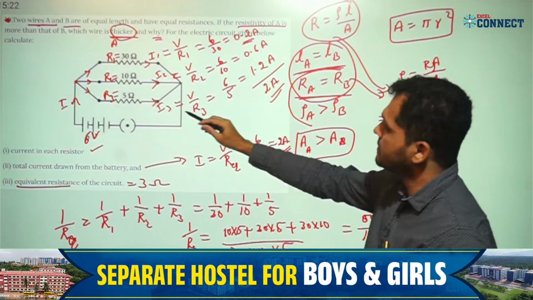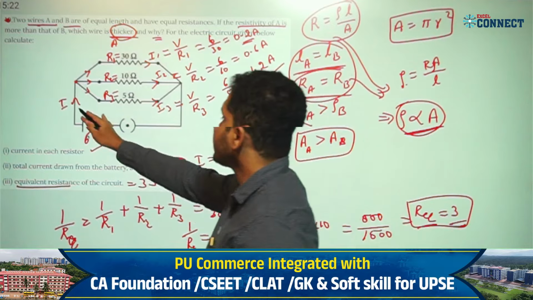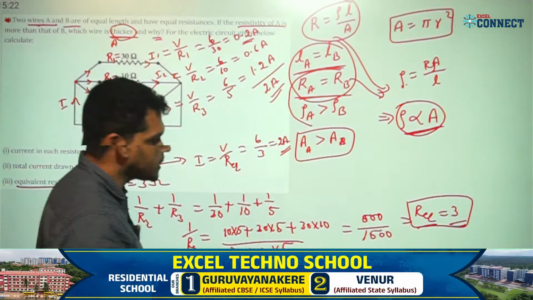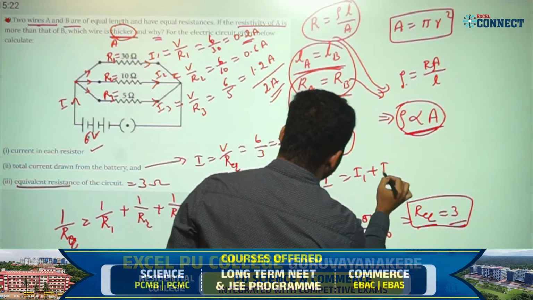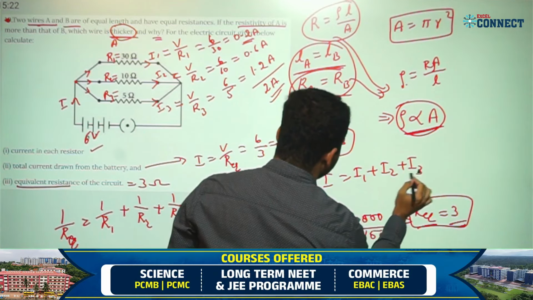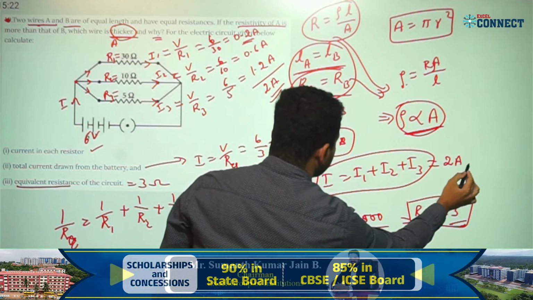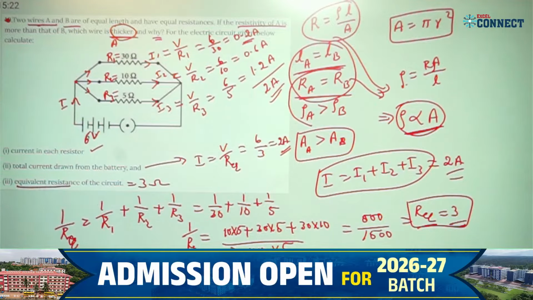This 2 ampere is the same as the supplied current I. Here the total current we can write as I equal to I1 plus I2 plus I3. If you substitute and simplify, we get 2 ampere, the same as the current supplied by this battery.